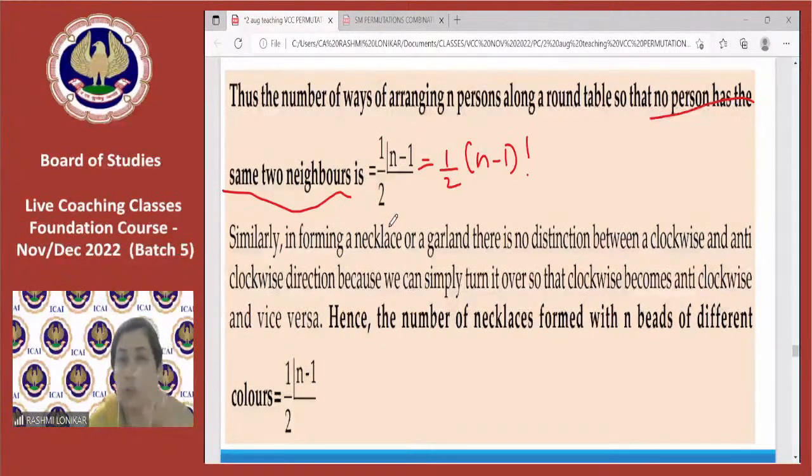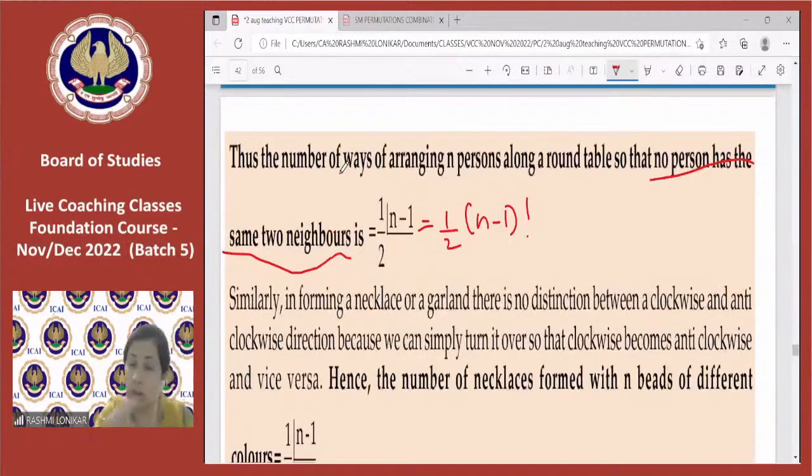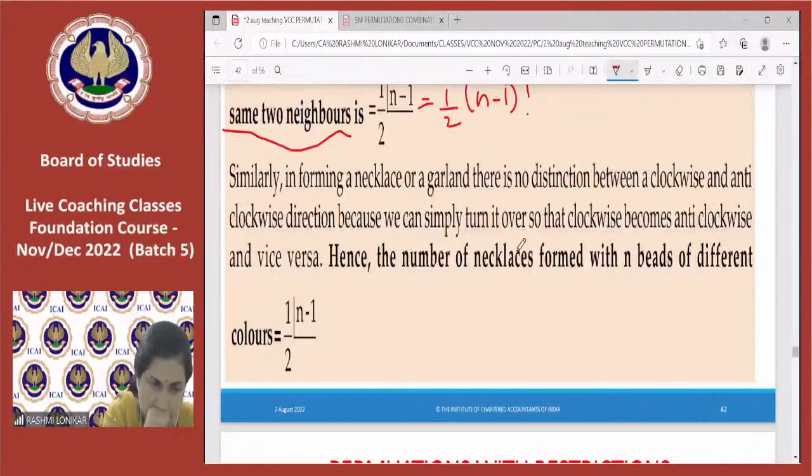Will I be able to find out whether I'm looking at the front of the necklace or at the back of the necklace? No, because all the beads are similar. But in a round table, people are sitting, yes, I am able to identify people. And when we have this condition that they do not have the same two neighbors, this is equal to 1/2 into (N minus 1) factorial.